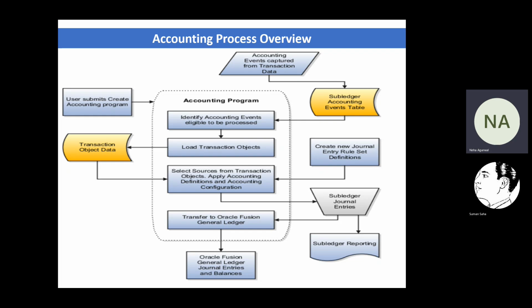The subledger general entry rule set definitions and sources from the transaction data are applied to create the subledger general entries. The subledger general entries are summarized and imported to Oracle General Ledger. This figure provides a high-level overview of the process to create the subledger journal entries.